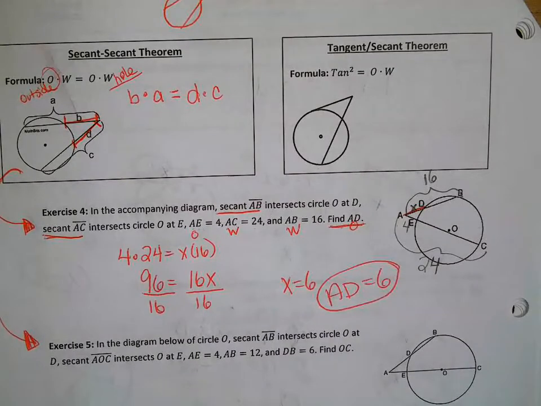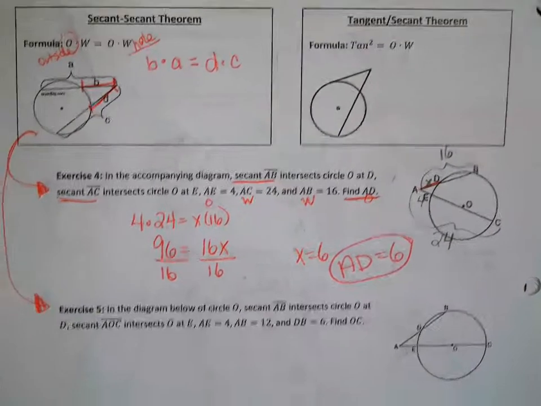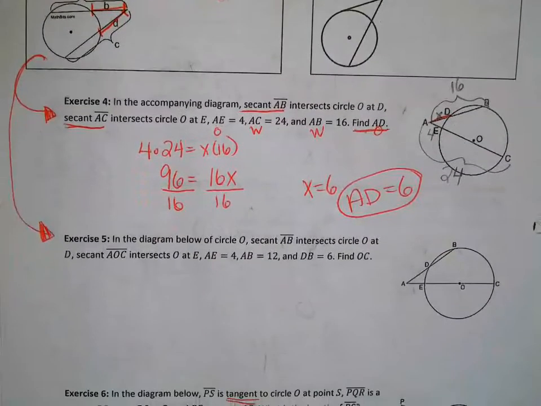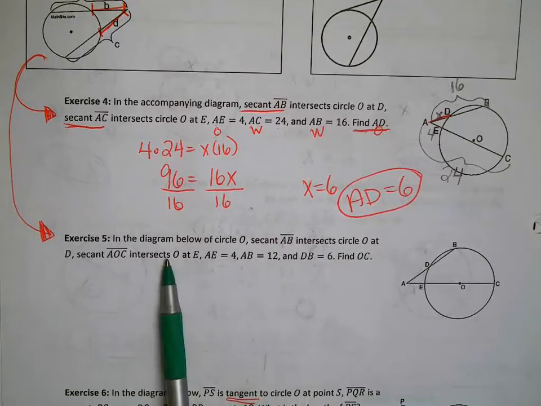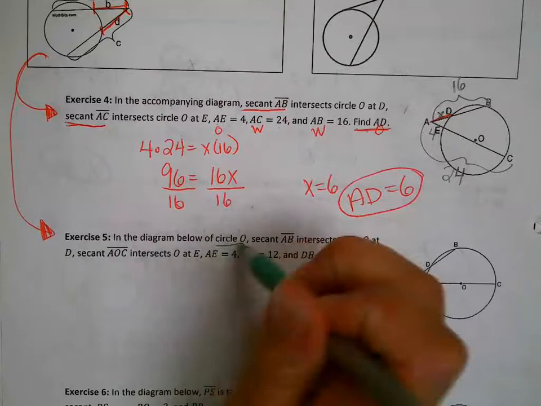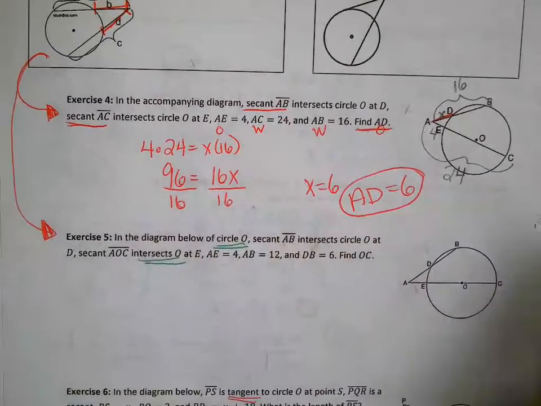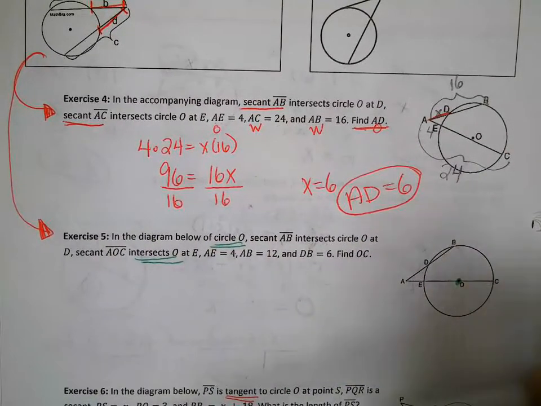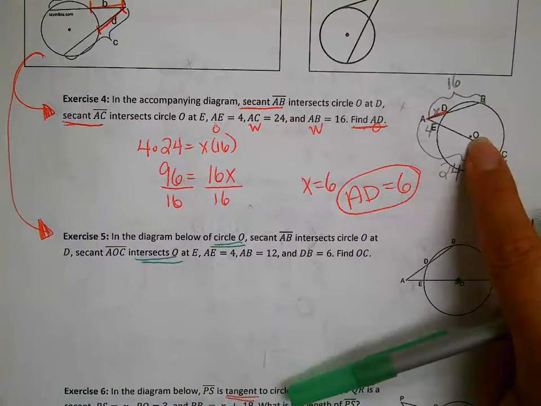How's exercise 4? Exercise 5 takes a little bit up a notch. So in the accompanying diagram, circle O, secant AB intersects circle O at D, and secant AOC intersects at O. That center at O, see here, it kind of doesn't pass through it.